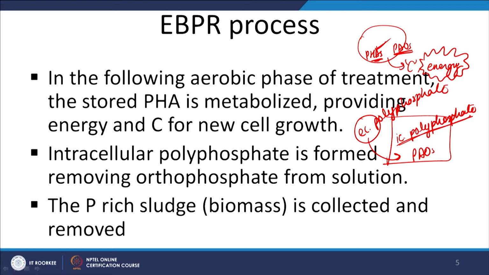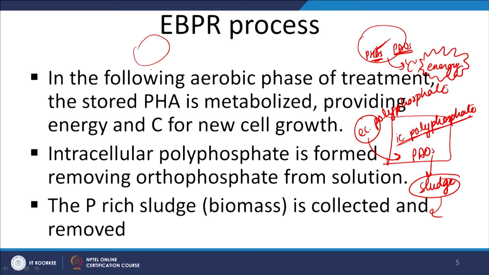So, now the biomass that has been produced using this energy, by burning PHAs and converting it into intracellular polyphosphate, makes sludge, and this sludge is removed, and now you have removed your phosphorus. So, the basic principle is the polyphosphate that is outside the cell.